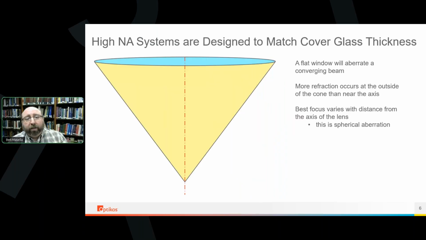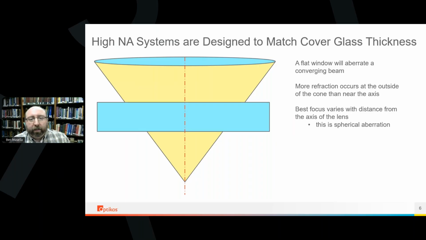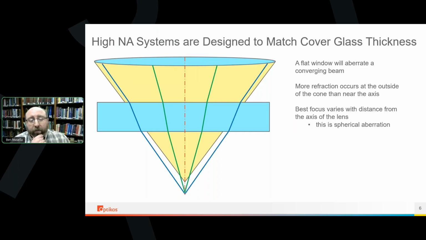Another issue that comes up with numerical aperture is the impact of additional optics in the converging space. For example, cover glass is an important example. If you have even a perfectly flat piece of glass in a converging space, what you get is a refraction through that displaces the image further away from the optic. And this occurs anywhere within the cone of light, but the refraction experienced close to the axis is actually less than that experienced further from the axis.